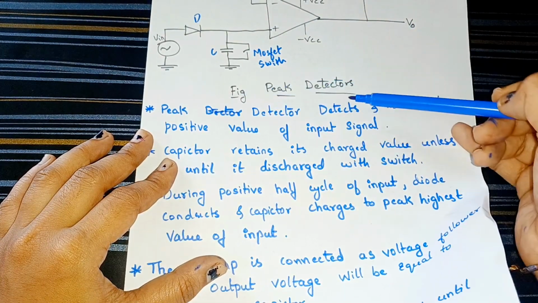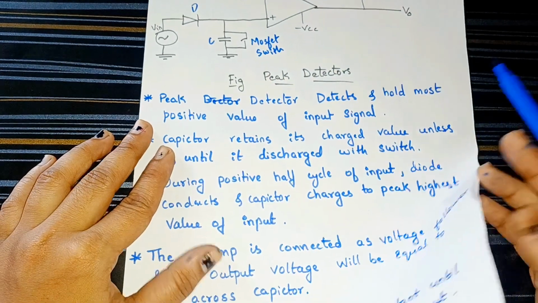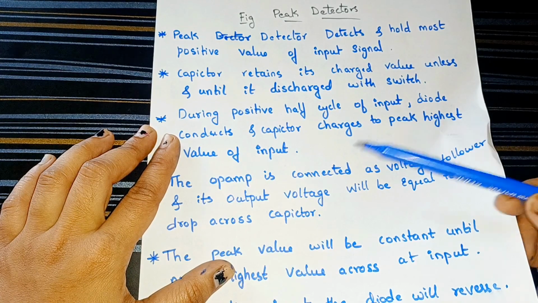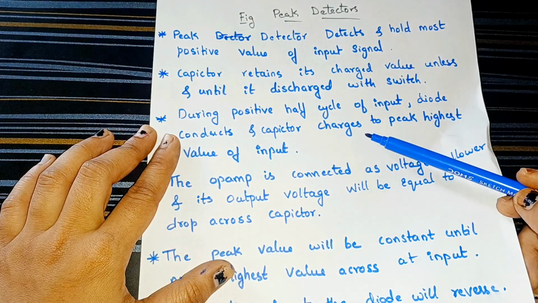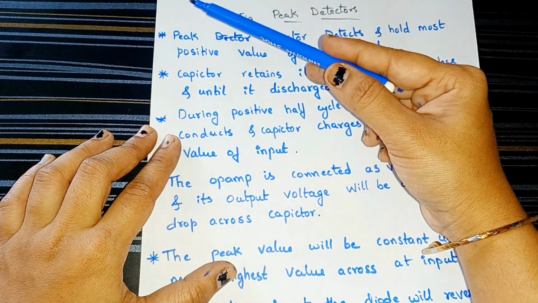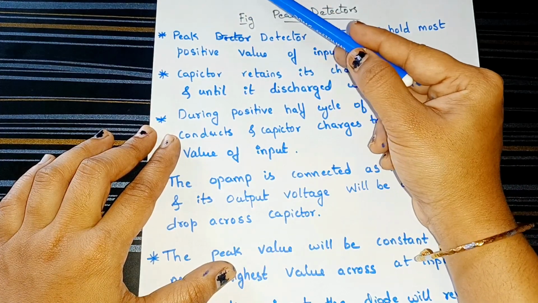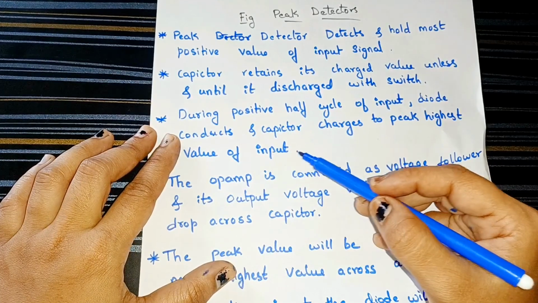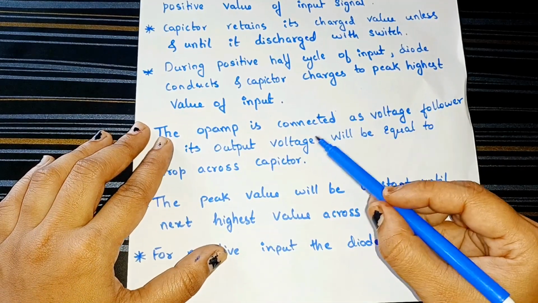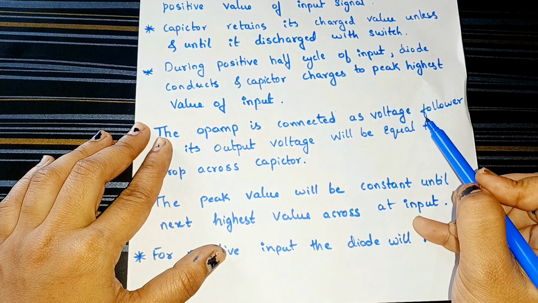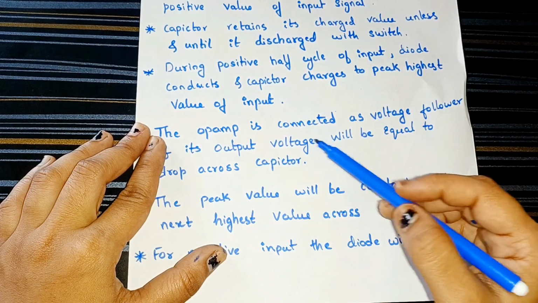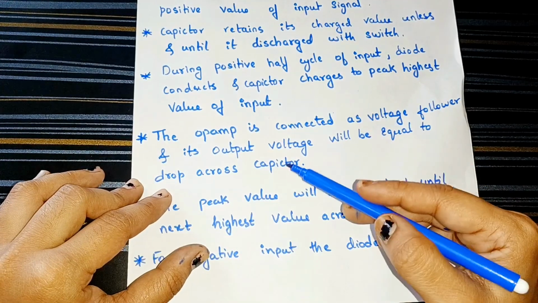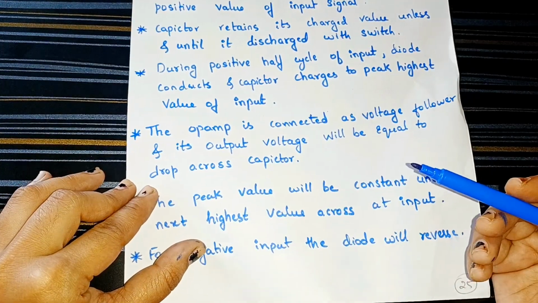During the positive half cycle of the input, the diode conducts and the capacitor charges to the peak value of the input. The op-amp is connected as a voltage follower, and its output voltage will be equal to the voltage drop across the capacitor.